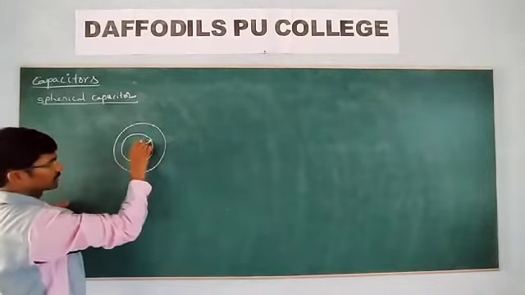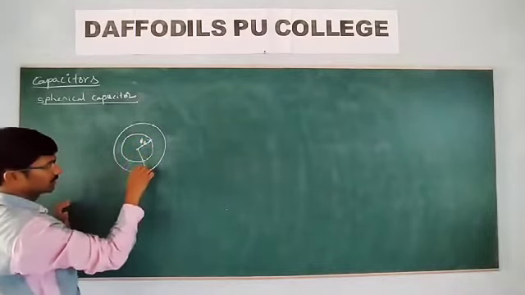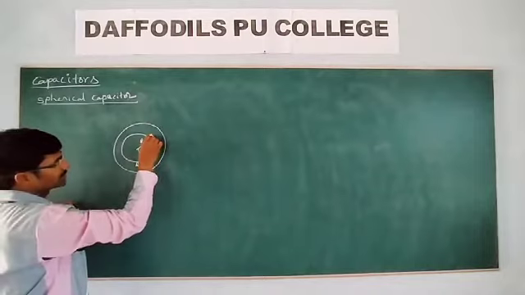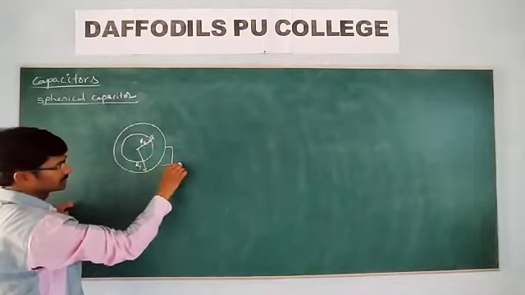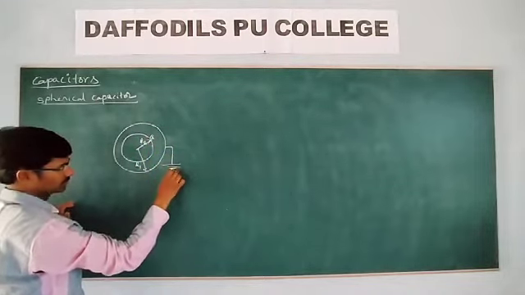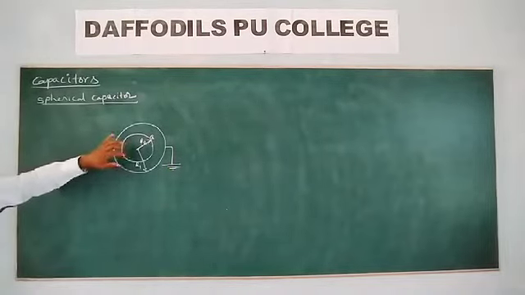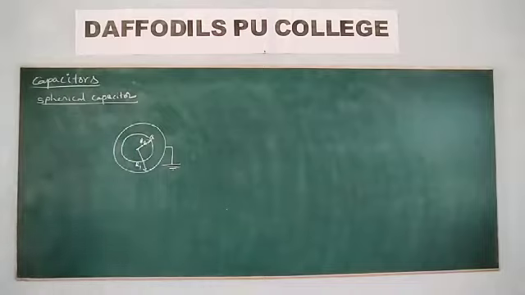This is r2 and here it is radius r1. Now the inner sphere is charged and the outer sphere is earthed. Then what will be the capacitance of this capacitor?